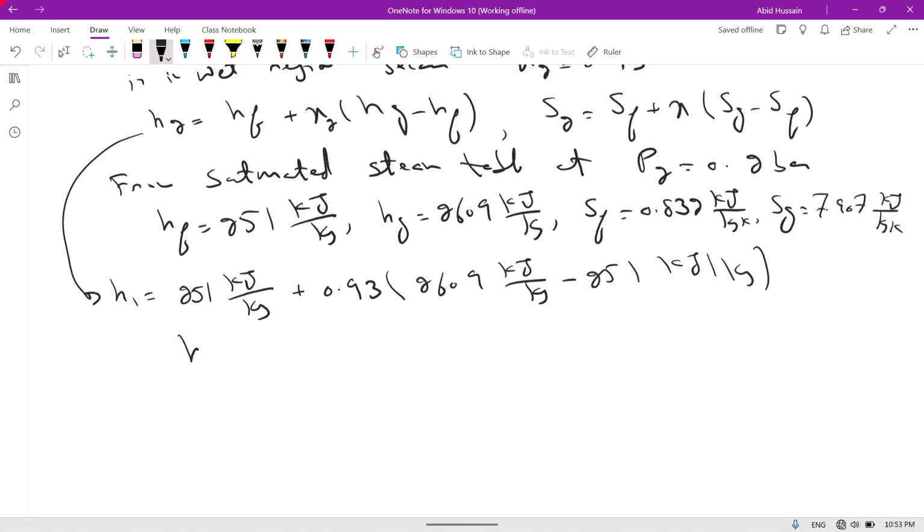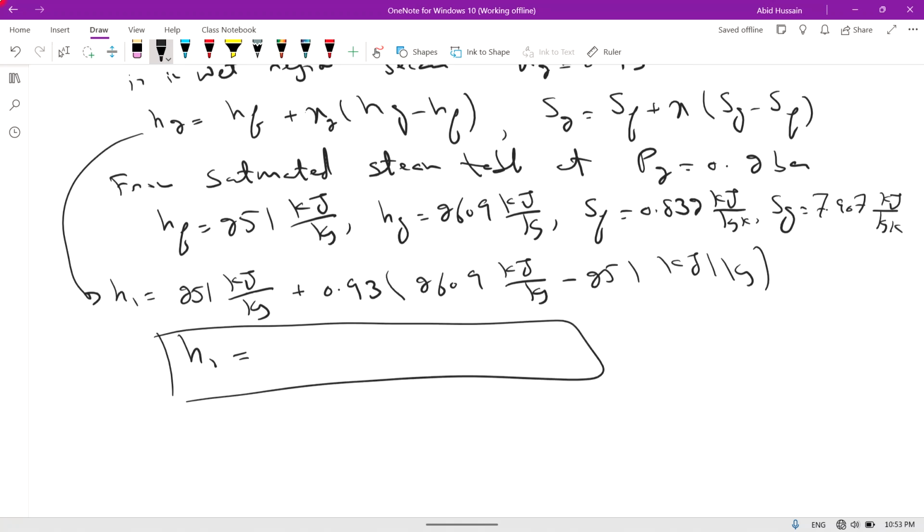This is a very simple calculation: subtract 251 from 2609, multiply by 0.93 and then add 251. The answer is 2443.94 kilojoule per kilogram.